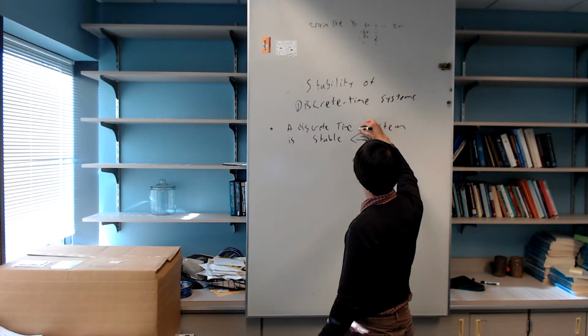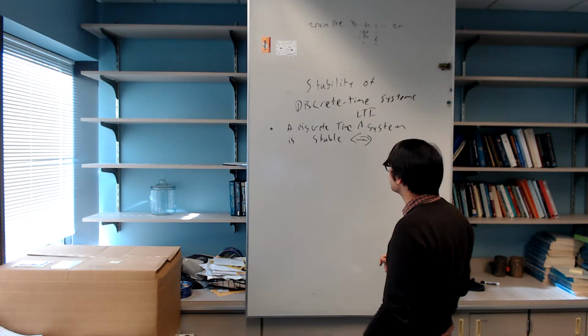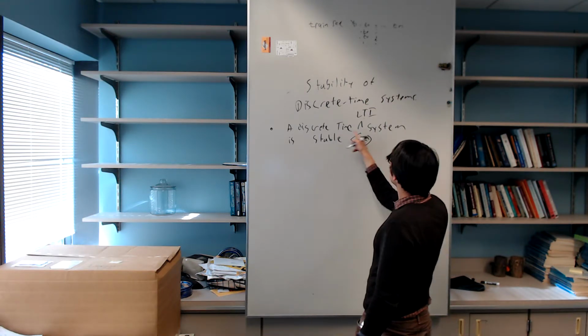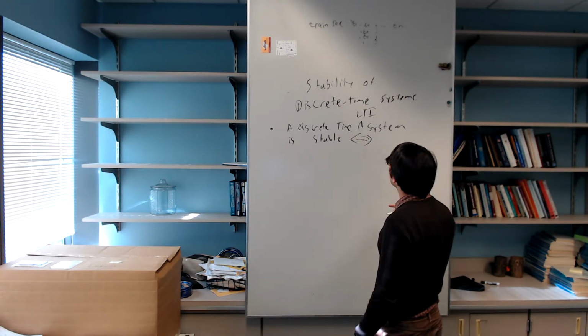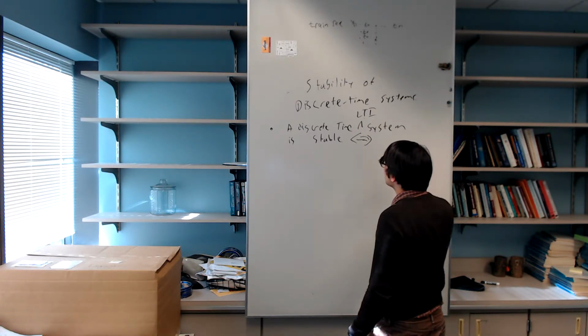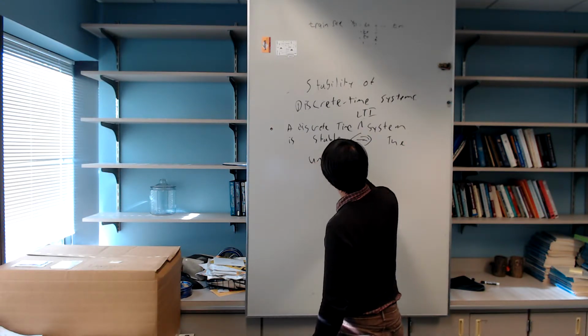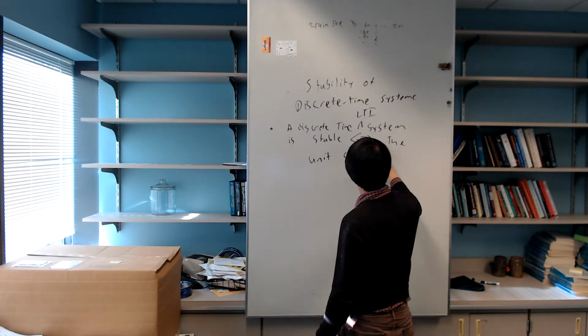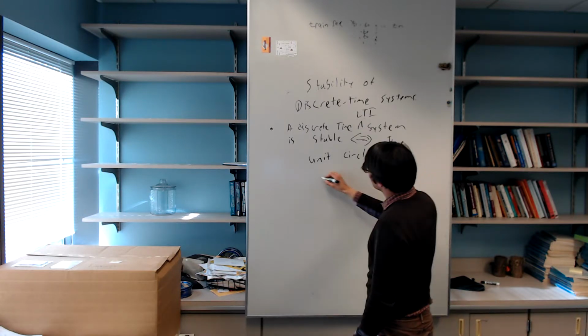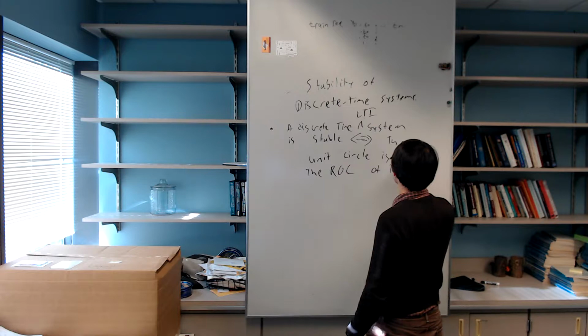A discrete time LTI system. Of course, we're always dealing with linear time invariant systems here. A discrete time LTI system is stable if and only if the unit circle is in the ROC of its transfer function.